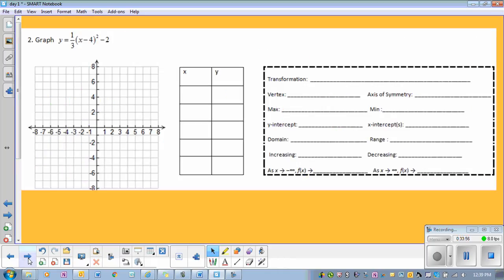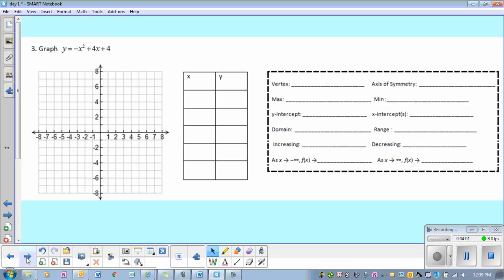All right. Let's try this one. Actually, let's try this standard one, because we can always go back and you can try this on your own. So, number 3, it says graph. Which form is this one in? Standard.